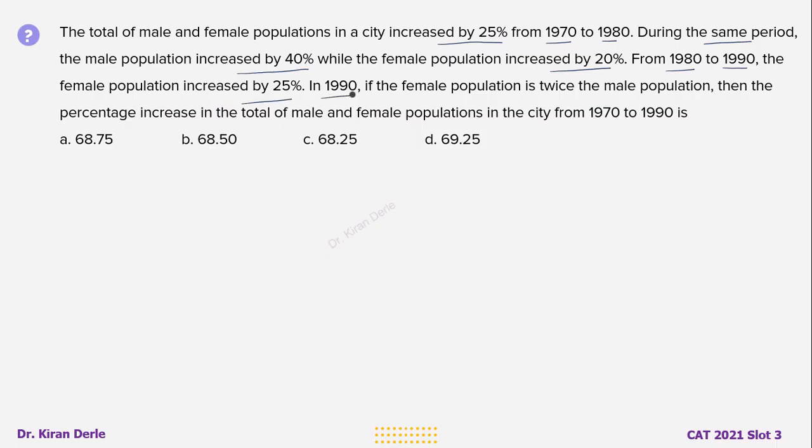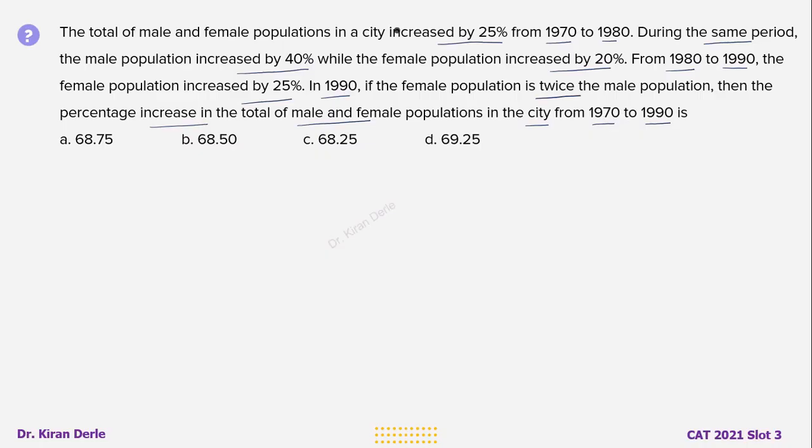In 1990, if the female population is twice the male population, then find the percentage increase in the total male and female populations in the city from 1970 to 1990. Pause this. Just try to understand what is given in the question, draft the given things and start solving the question.